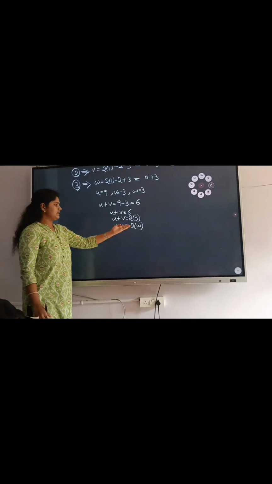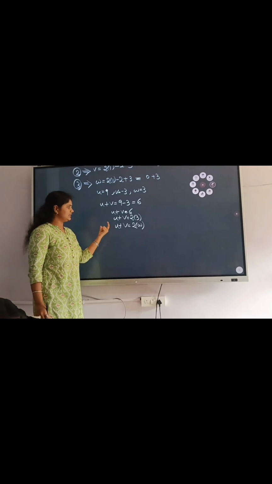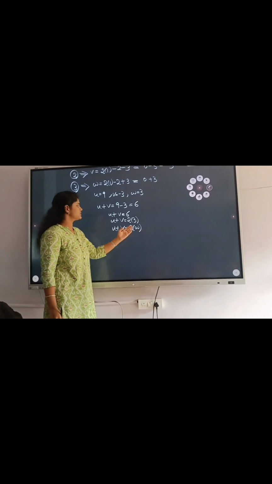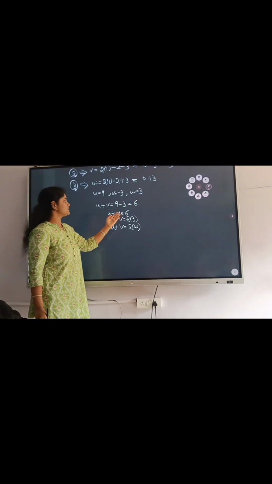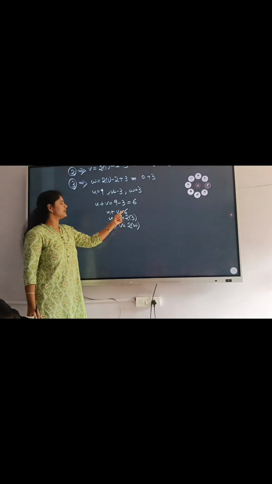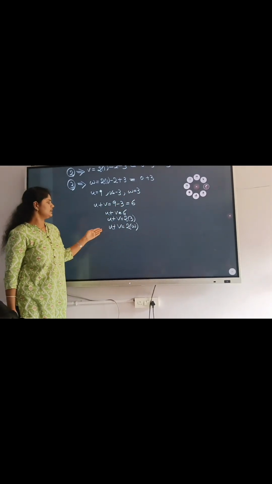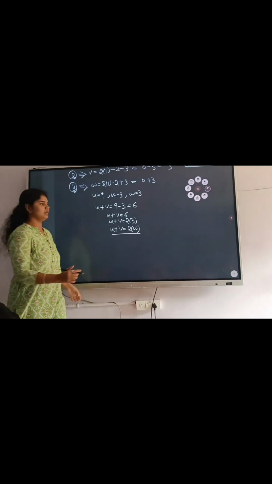Why do I do this? After finding the relationship, you have to get u, v and w in it. If I write 6, it would only give u plus v, and where is w? That's why I write 2 into 3, where 3 means w. This is the relationship between them.